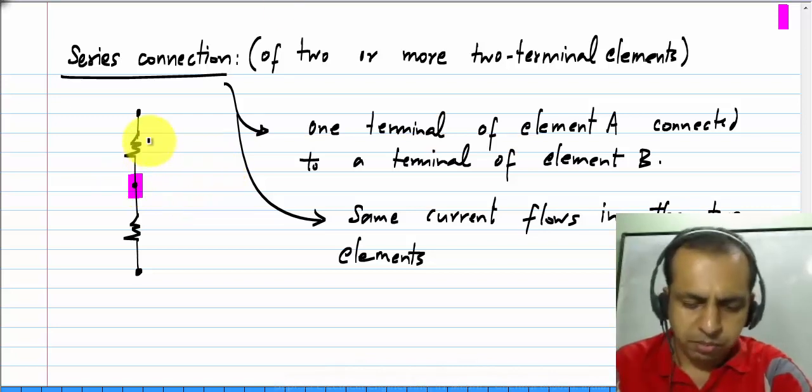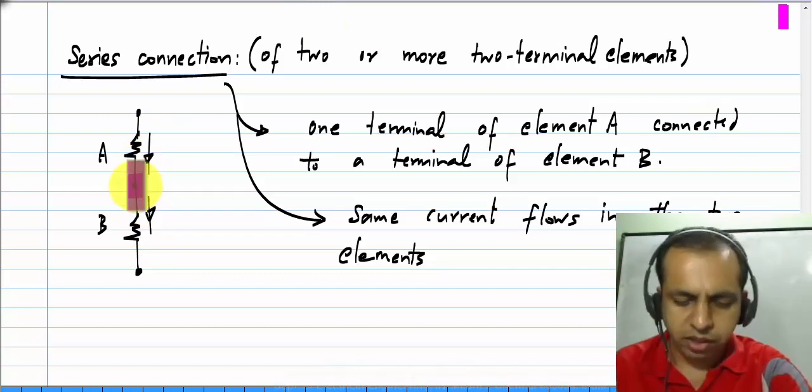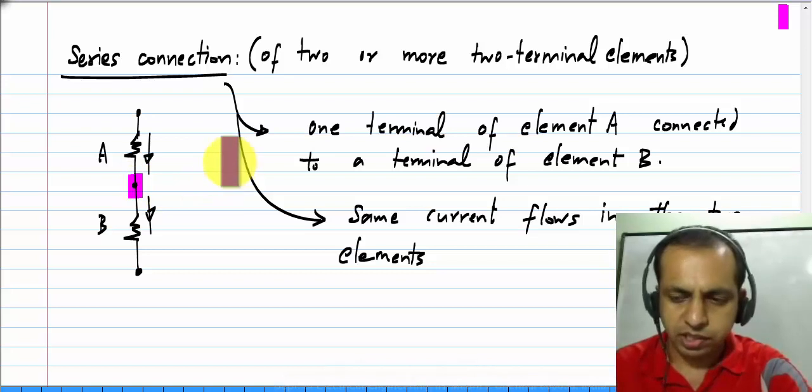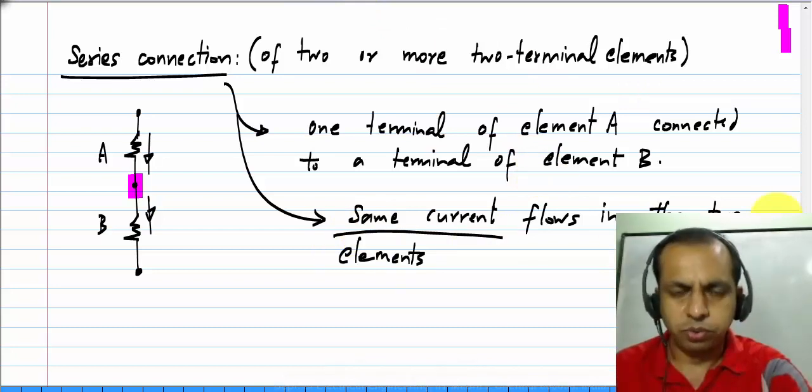So, this means that by Kirchhoff's current law, whatever current is flowing in element A will also flow in element B, because they are connected to the same node and nothing else is connected to it. So, this is known as series connection. The important property is that the same current flows through them.